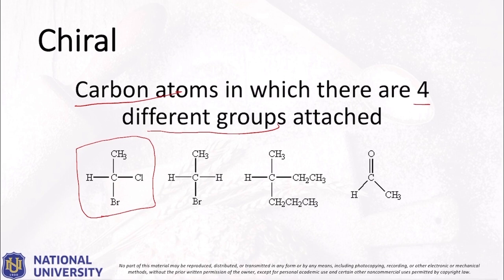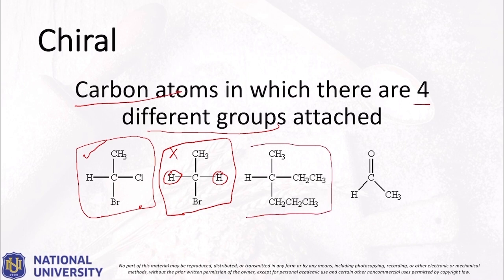For example, this one: are 4 different groups attached to the carbon? Yes, so this is chiral. Next, this one. Are 4 different groups attached to the carbon? No, because there are 2 hydrogens. So, this is not chiral.